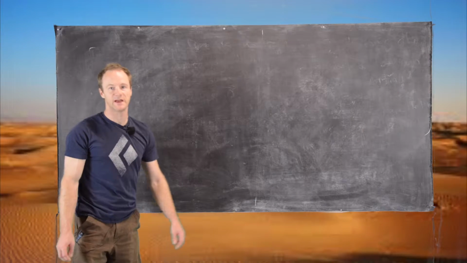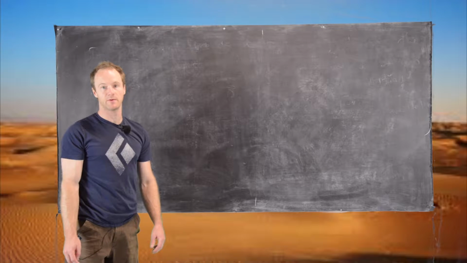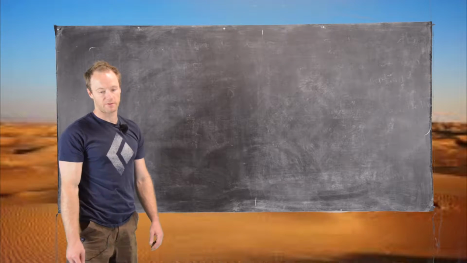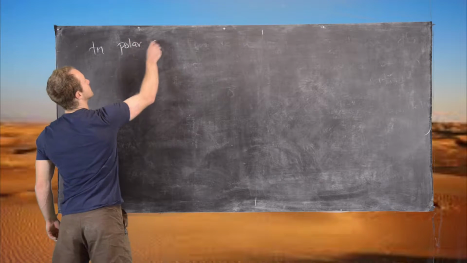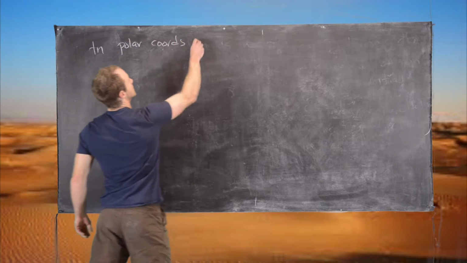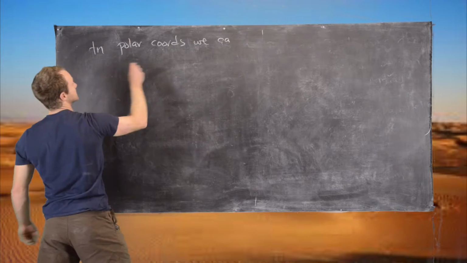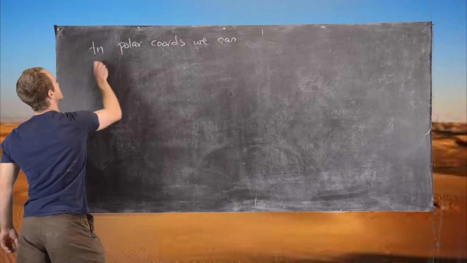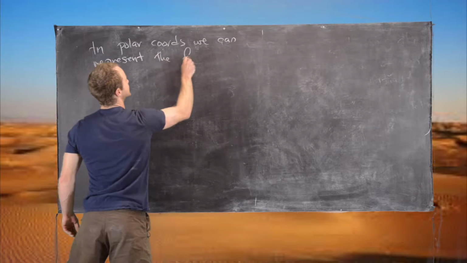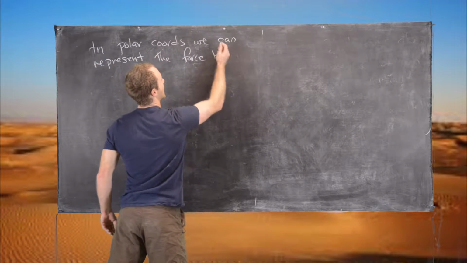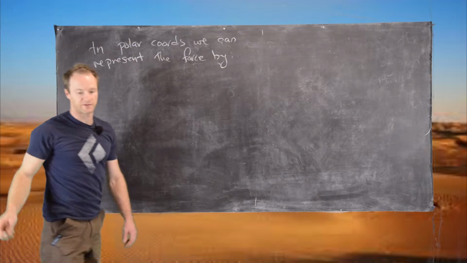Okay, so after we have our basic definitions and the setup of the problem, we can move towards solving the problem. So in polar coordinates, we can represent the central force by the following function.